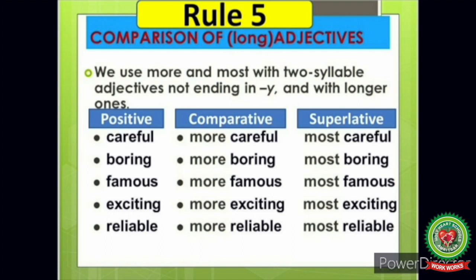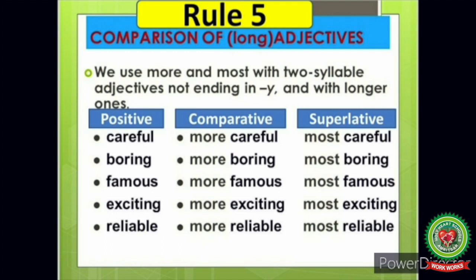Similarly with boring, we will add more in its comparative form, so it will become more boring as it is a two-syllable adjective. In its superlative form, we will add most with it and it will become most boring.